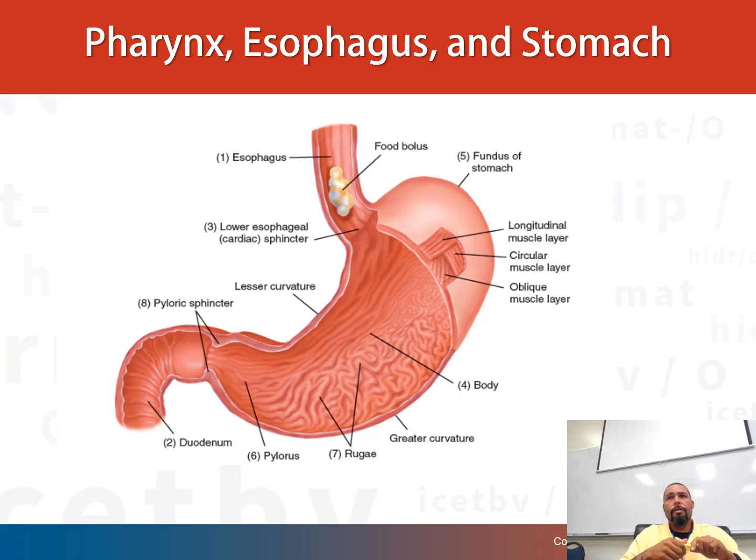The funnel-shaped pharynx serves as a passageway to the respiratory and GI tracts and provides a resonating chamber for speech sound. The lowest portion of the pharynx divides into two tubes, one that leads to the lungs, called the trachea, and the other that leads to the stomach, called the esophagus.